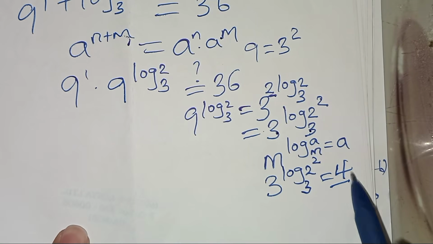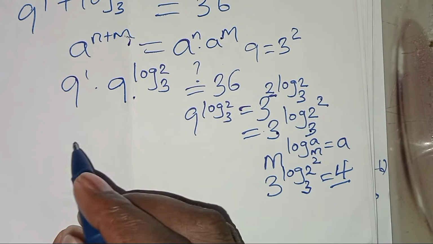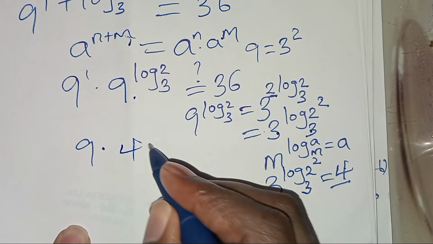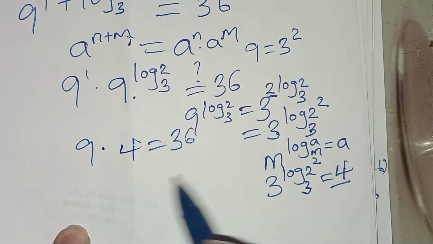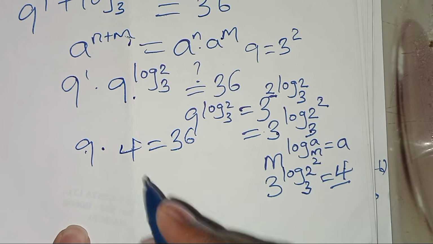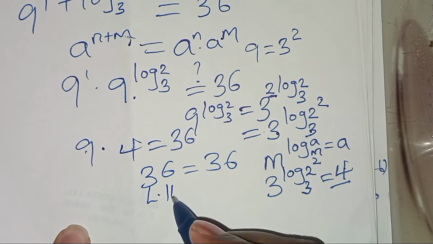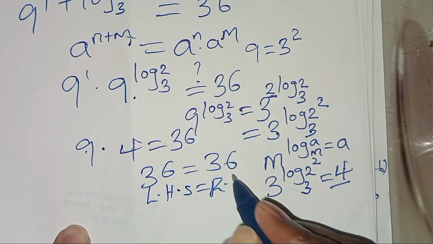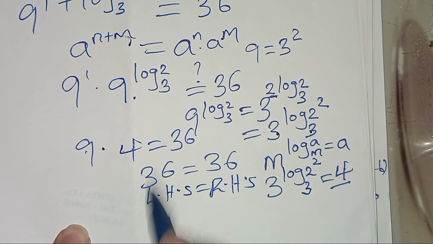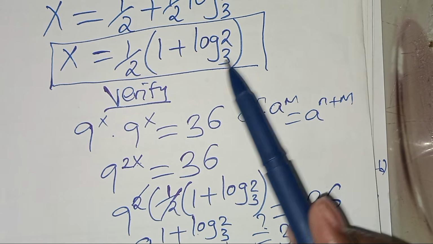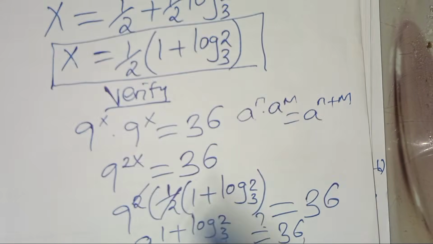So substituting this back to the equation, we'll have 9 multiplied by 4. This should give us a value of 36. Okay, so as you can see, 9 times 4 is equal to 36, and that basically shows that the left hand side is equal to the right hand side. So that affirms that the value of x, which is basically half into the parentheses 1 plus log 2 to base 3, actually satisfies the equation.